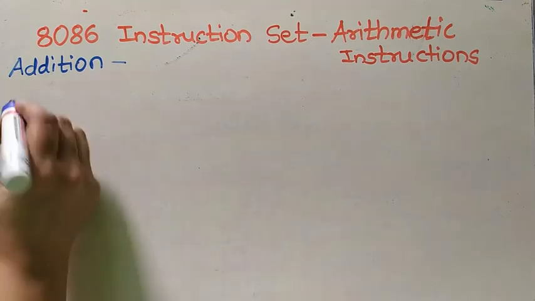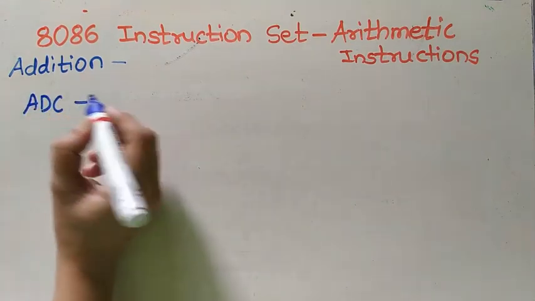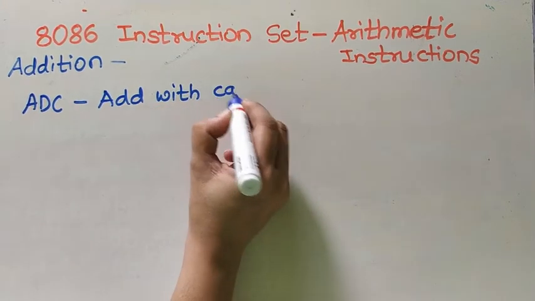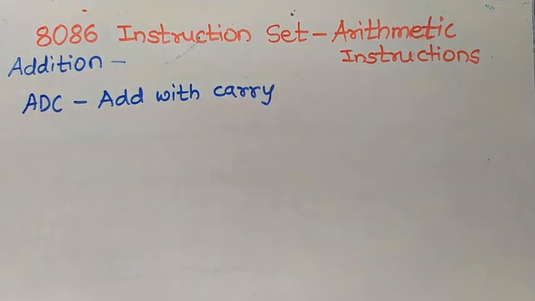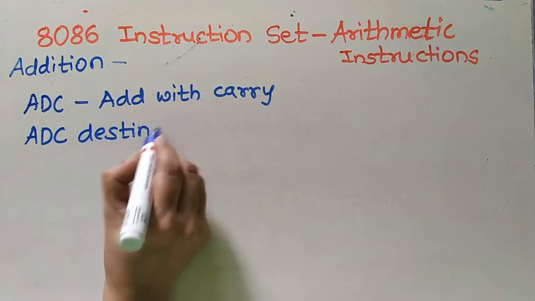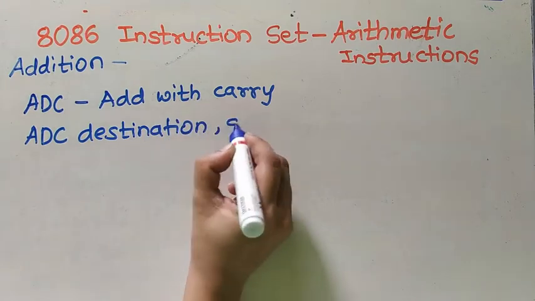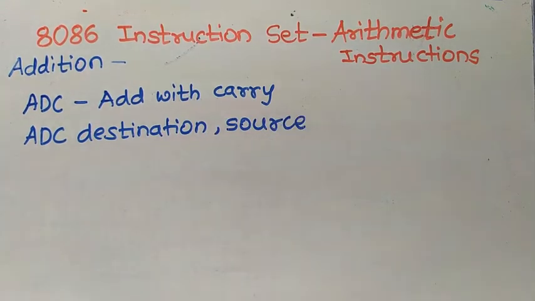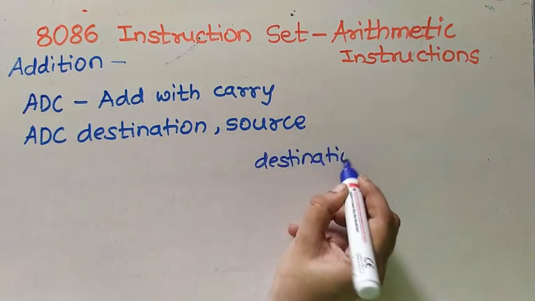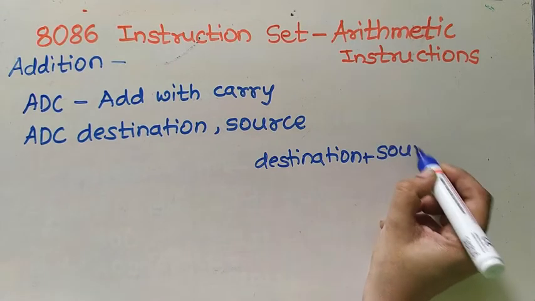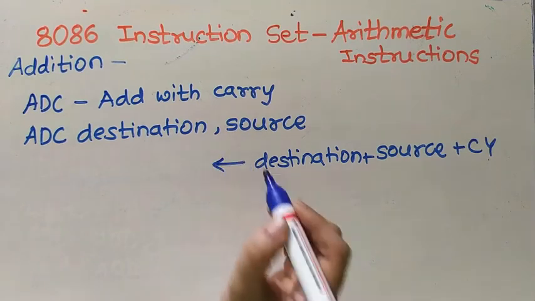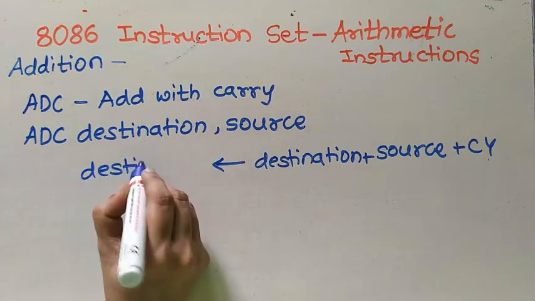Next instruction is ADC. ADC is add with carry. So the mnemonic is ADC destination, source. What happens here? The contents of destination are added with source along with the carry and the result is stored back into the destination.